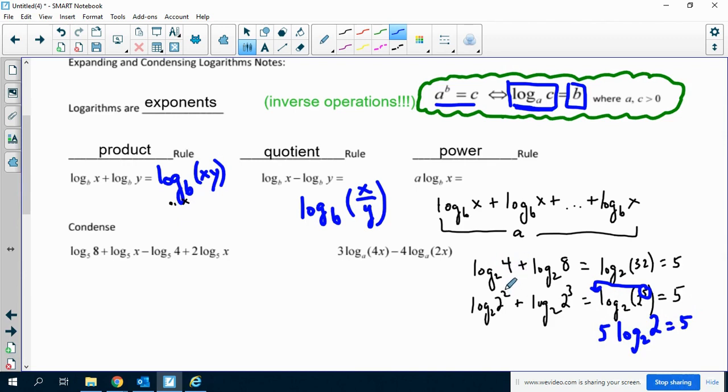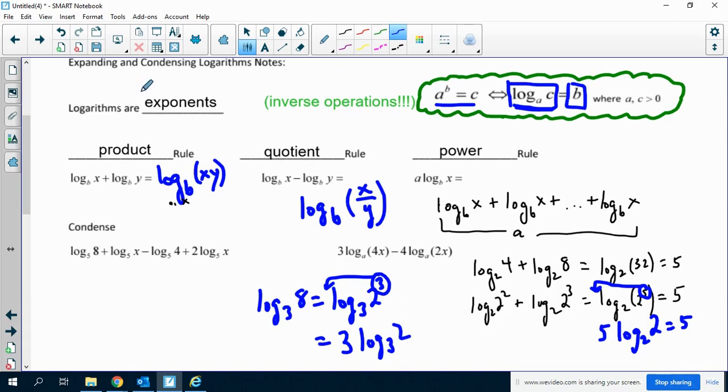So let's do it in another context real quick. If I have log base 3 of 8, that's the same thing as log base 3 of 2 to the 3rd, which is the same thing as 3 times log base 3 of 2.